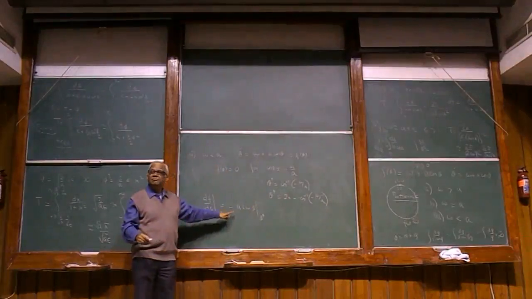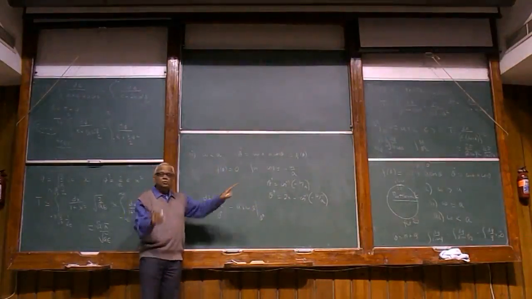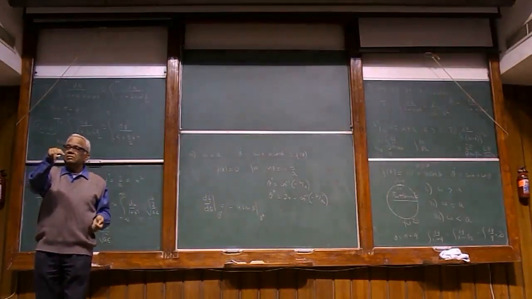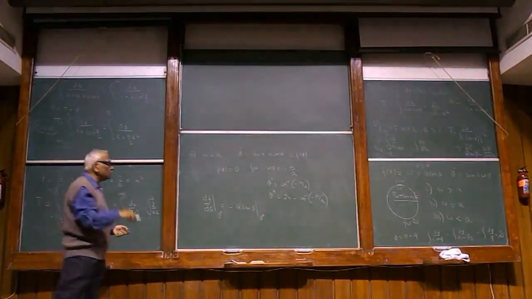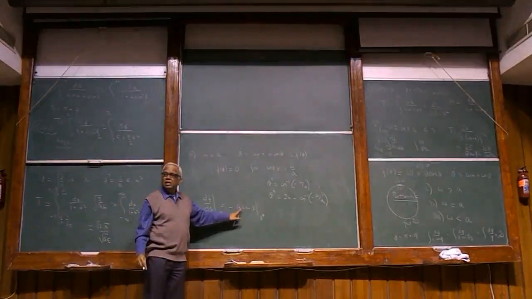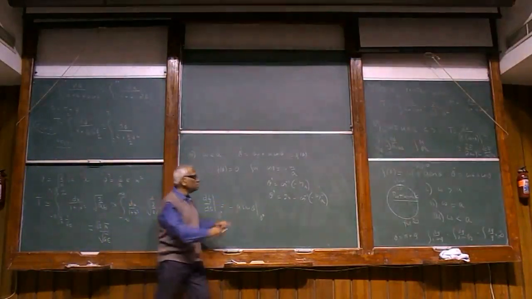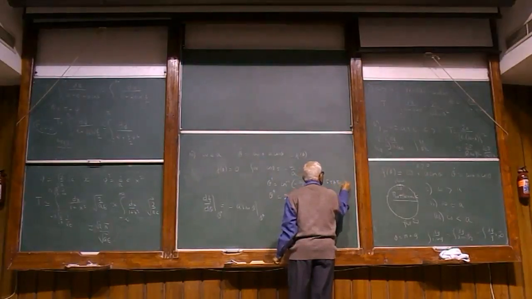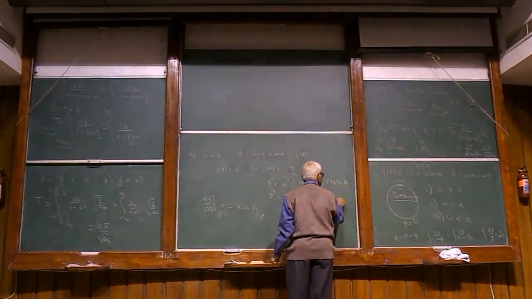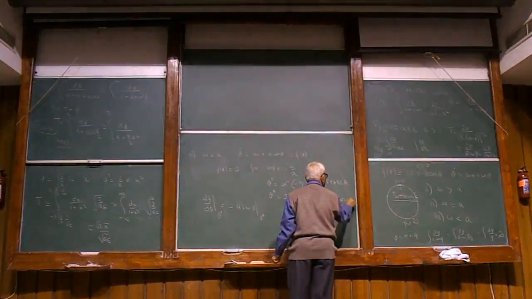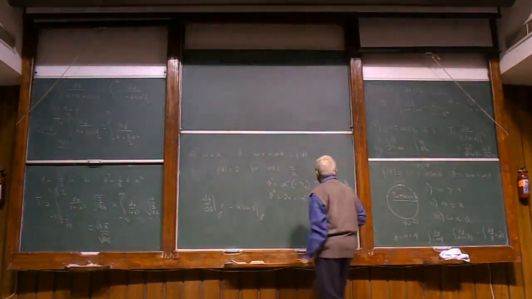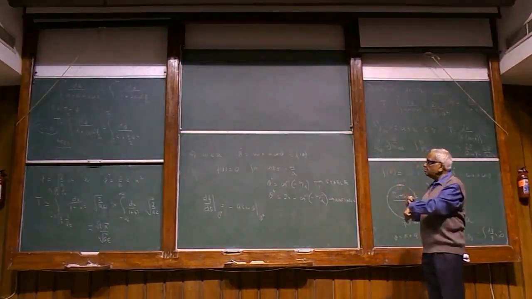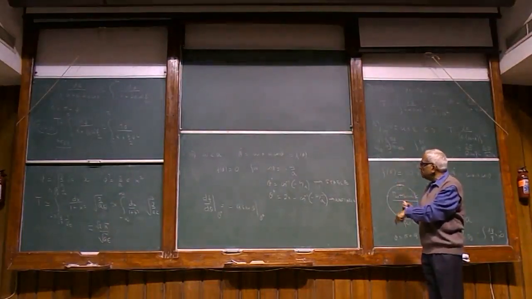A is positive. Theta star has to be in the second quadrant for the first one. Yeah, so in the second quadrant, the sine is positive, so this is that one. This is stable. And this is unstable. Very good.